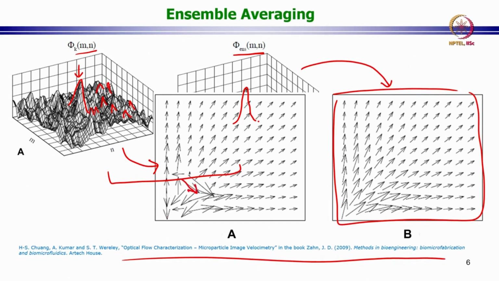So you have this flow, but then you suddenly have a vector that is pointing in the opposite direction. Here it is pointing in some random directions, whereas when you look at the same location on this side of the image, you see how much smoothed out the entire system is. And this happens, so these vectors are spurious vectors, they are incorrect vectors, and they have resulted in this situation because the noise level in the system is very high, and you have not been able to calculate the correlation peak properly in these cases.